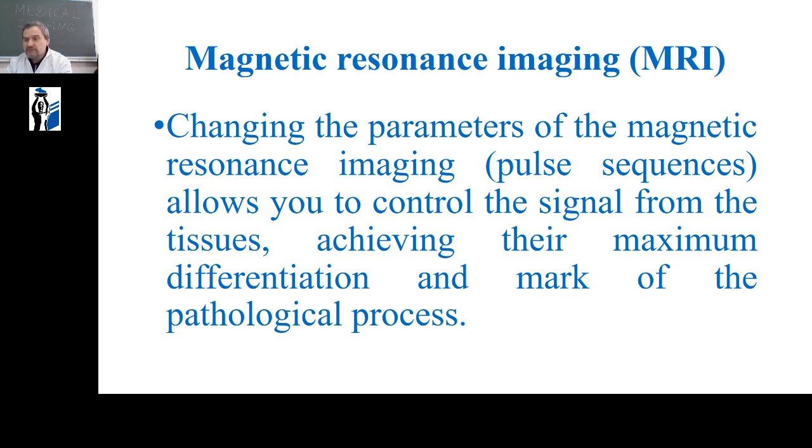These pulse sequences act on tissue in different ways. We can see this tissue and pathological process in this tissue better when comparing imaging from different pulse sequences. The main ability of the magnetic resonance imaging method is the differentiation of soft tissues.